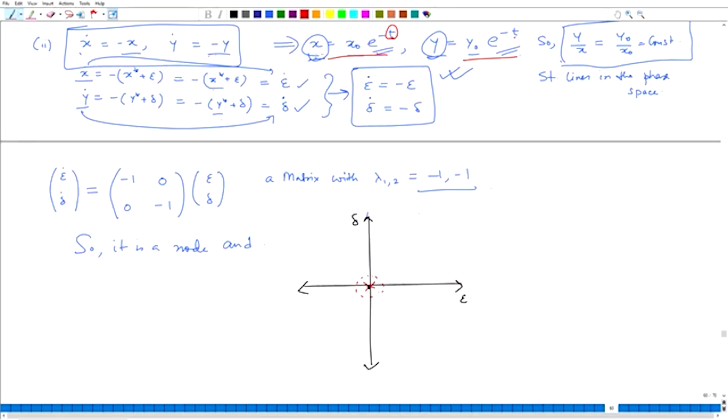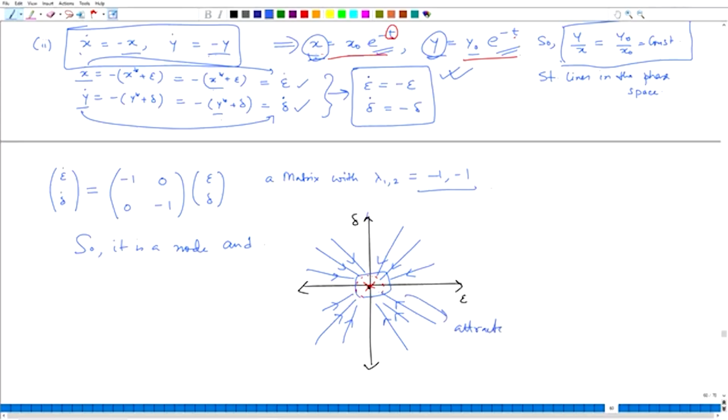The phase space trajectories will be given by straight lines, like this, like this, like this. With time, when x is decreasing, y is also decreasing. So, all of them are just moving in the inward direction, and that is why this fixed point is called an attractor.